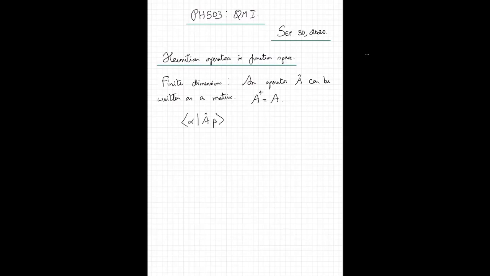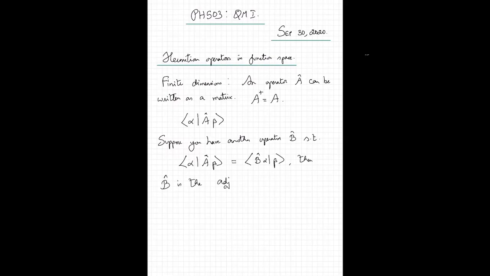And suppose you have another operator B such that the inner product of alpha with A beta is the same as the inner product of B alpha with beta, then B is the adjoint of A. This was our definition.